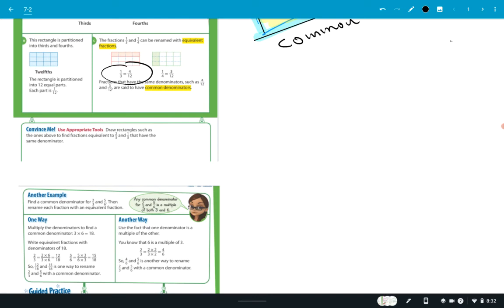Let's see here. So draw 2 rectangles. It says draw 2 rectangles, like the ones above, to find fractions that are equivalent to 2/5 and 1/3. So I'm going to draw a rectangle here.